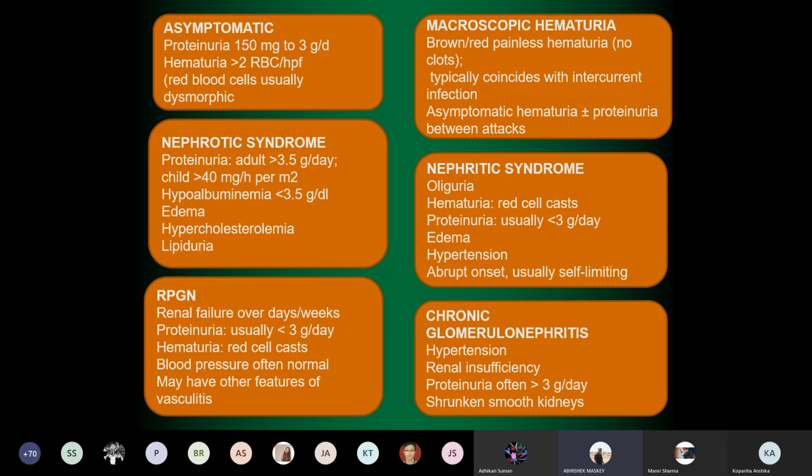Otherwise, in our field of kidney disease, there are lots of investigations to do, and some are very expensive, and some are invasive investigations which the patient won't be ready to go for very spontaneously.